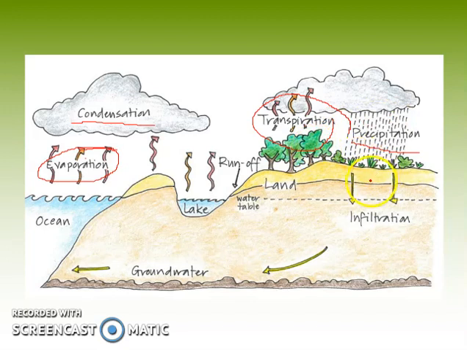If water gets to the ground, then it can either run off, just run down and into one of our local waterways, into our lake or river, or it can infiltrate. Infiltrate means it goes into the ground a little ways and is used by the plants and stuff. If it actually gets all the way down to our groundwater and restores our groundwater down here, that is percolation. Infiltration is just a little bit. If it gets all the way down here, then it's called percolation.